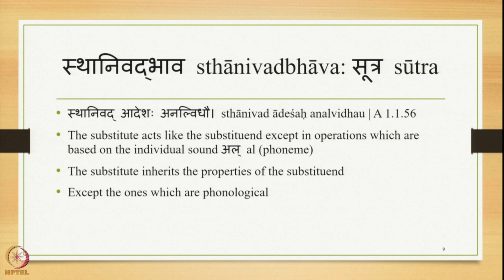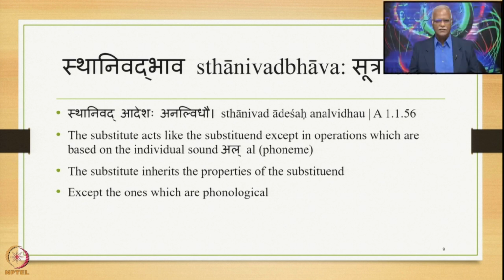Let us in brief study the sutra in the text of Ashtadhyayi which teaches Sthanivad Bhava, and the sutra is Sthanivad Adeshah Analvidhau 1156. What this sutra says is that the substitute acts like the substituent except in operations which are based on the individual sound or al, that is a phoneme.